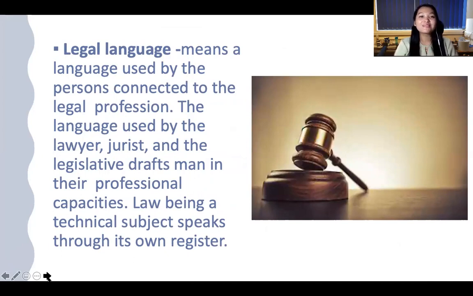They are lawyers or attorneys, judges, jurists, and other legislative draftsmen in their professional capacities. Law, being a technical subject, speaks through its own register.